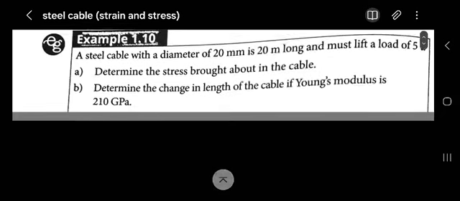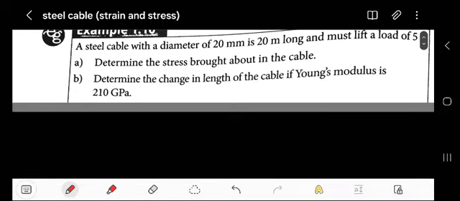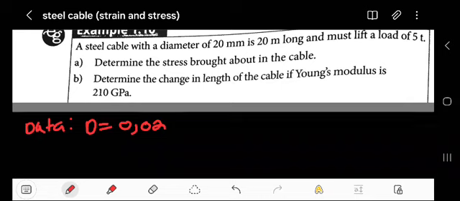So far, if you can check the data there, what are we given? We've given the steel, we've given a diameter which is 20 millimeter. If you divide by 1000 it will be 0.02 meter. The length is 20 meter.